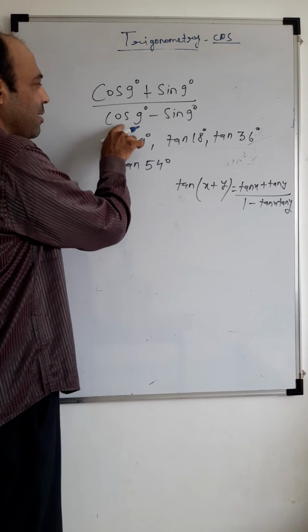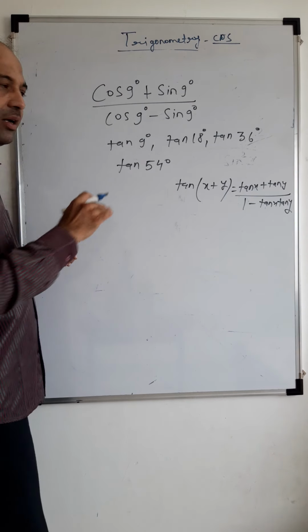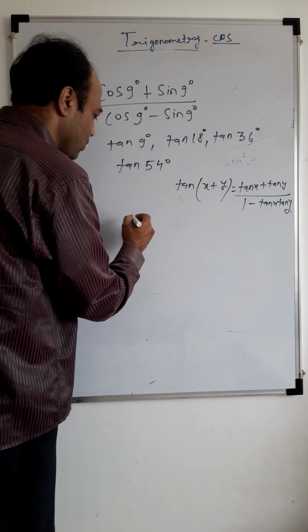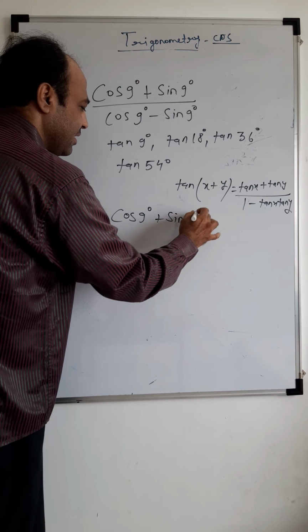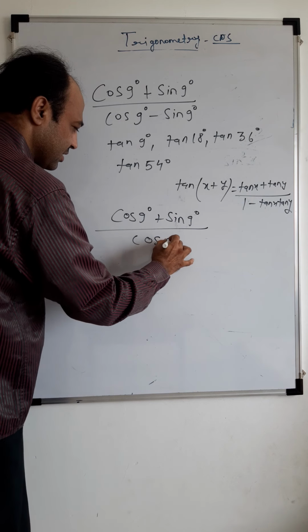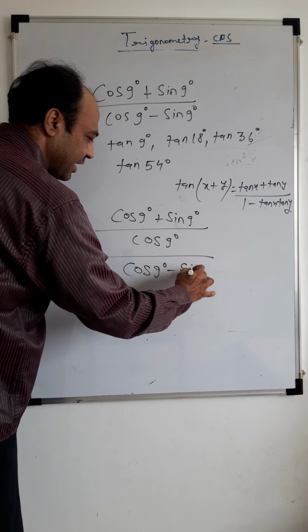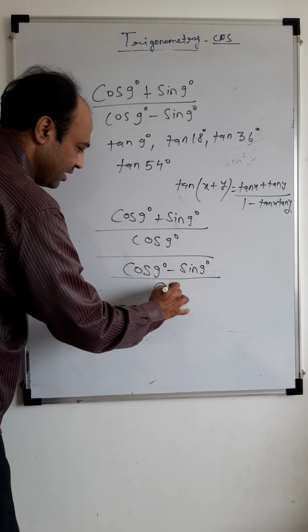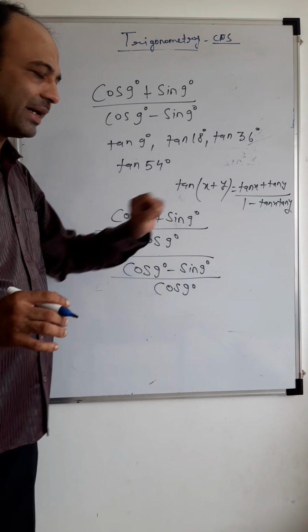तो मुझे 1 यहाँ पे बनाना है, तो कैसे बनेगा, cos 9 डिग्री से मैं डिवाइड करूंगा डिनोमिनेटर और न्यूमरेटर दोनों को. तो cos 9 degree plus sin 9 degree divided by cos 9 degree, cos 9 degree minus sin 9 degree divided by cos 9 degree. Why we did this? To get 1 here.